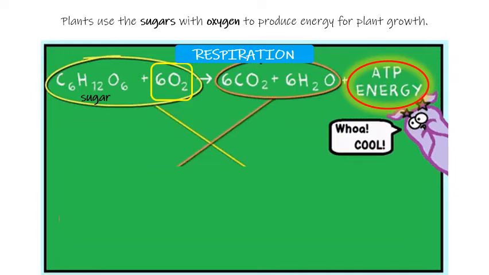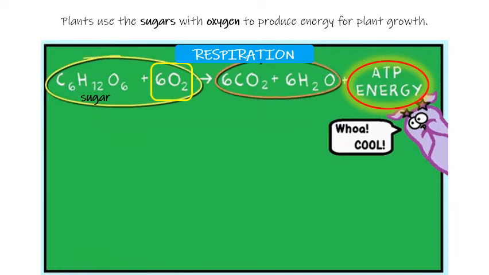No, we need this oxygen because when we put it with the food, we will get the ATP energy that will help us perform different life activities. So, plants put sugar and oxygen together and they will get carbon dioxide and water with the ATP energy.